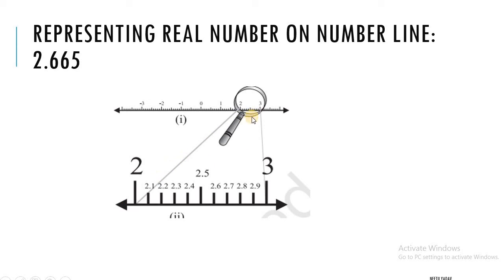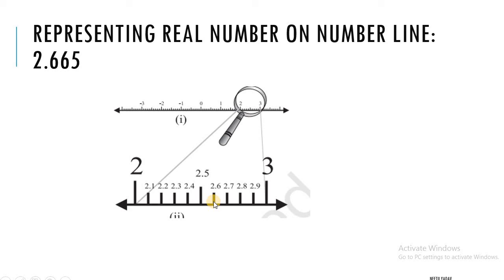The particular part is shown here again, because I am showing this with the help of a magnified glass. So this is your 2 and this is your 3, and the small lines which are 10 in counting are shown here. This is 2.1, this is 2.2, 2.3, 2.4, 2.5. The bigger one is the midmost part, so this is 2.5 this way.